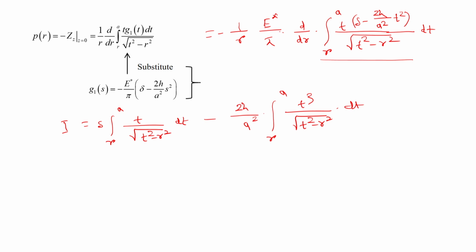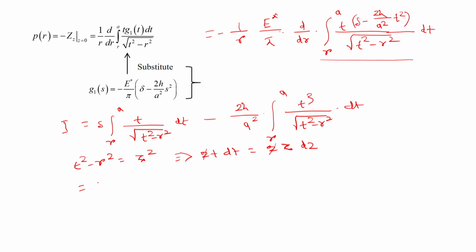So, here again let us say I take t square minus r square equal to z square. So, here 2t dt is equal to 2z dz. So, 2 gets cancelled. So, t dt will be z into dz.